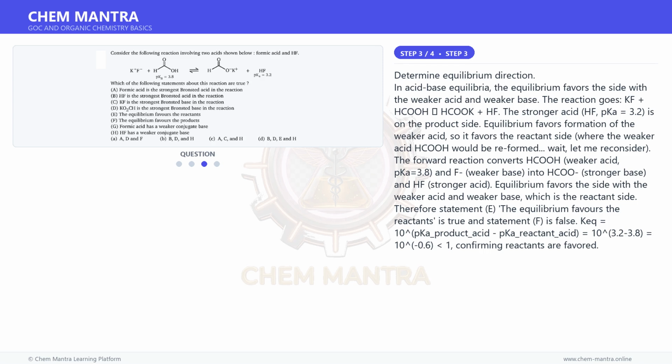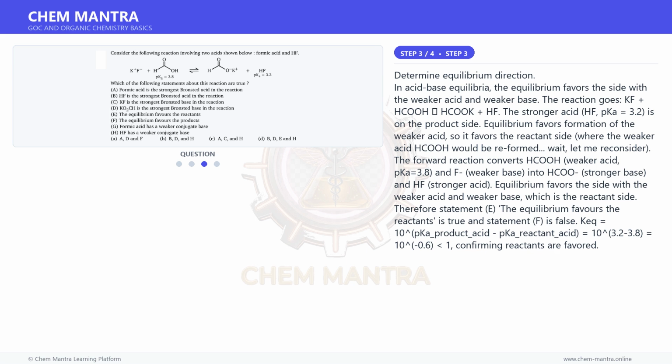Determine equilibrium direction. In acid-base equilibria, the equilibrium favors the side with the weaker acid and weaker base. The reaction goes F− plus HCOOH to HCOO− plus HF. The stronger acid, HF, pKa equal to 3.2, is on the product side. Equilibrium favors formation of the weaker acid, so it favors the reactant side, where the weaker acid HCOOH would be reformed.